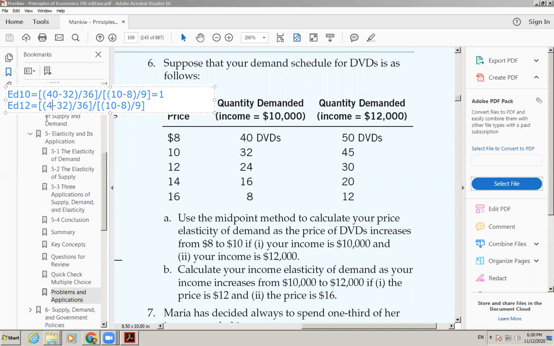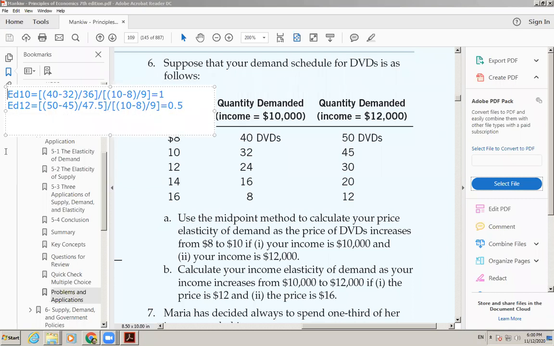So 50 minus 45, and the midpoint, 50 plus 45, which is 95, divided by 2, is 47 and a half. If you calculate this, you should get 0.5. So it's inelastic. The first one is unit elastic, the other one is inelastic.